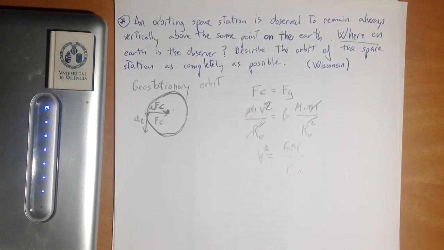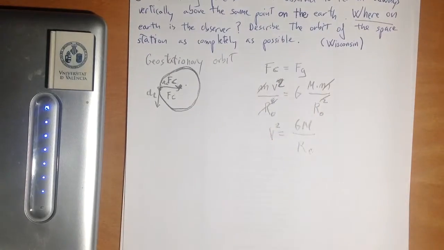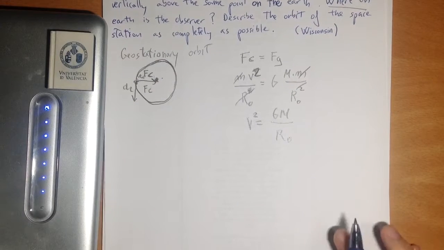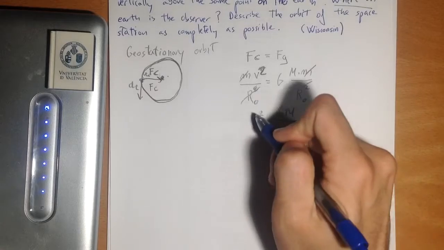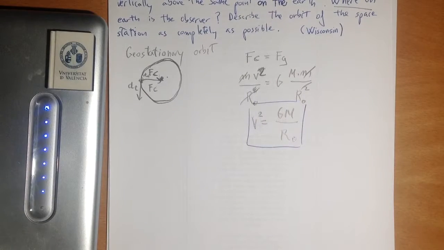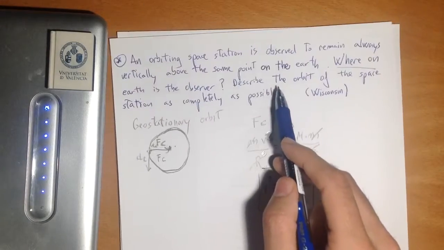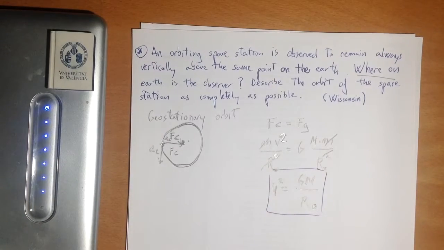You agree with me in this? Let's do it in pen because it's better seen like that. So now we obtain this, but we want to go further in our description, because it says we have to describe it as completely as possible.